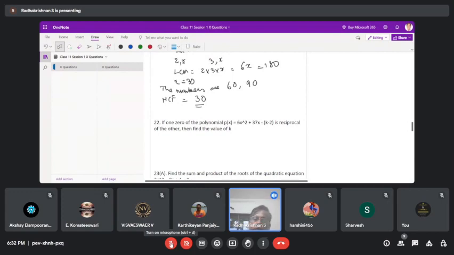Here again, we can try to solve the polynomial, find out alpha and beta, and then say alpha equal to 1 by beta. One is the reciprocal of the other. And then solve for k. That is one way. Can anybody think of an easier method?